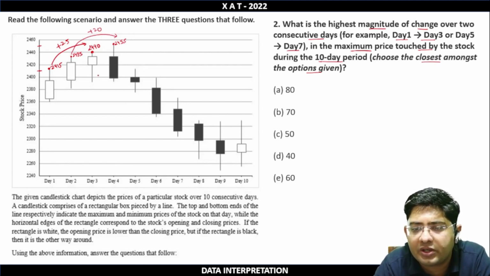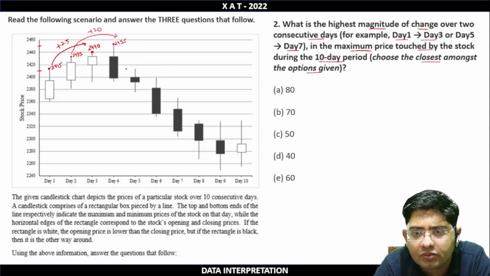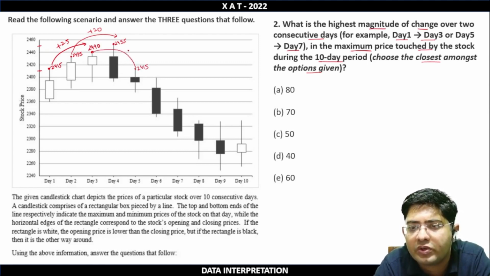Okay, now if I look at day 3 to day 5, day 3 is 2440 and day 5 is 2400, 2410, that is 2415. So that is a change of 25.